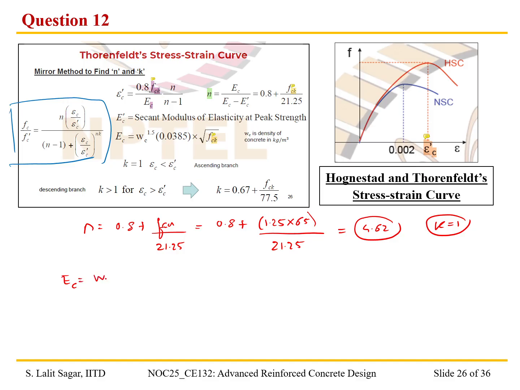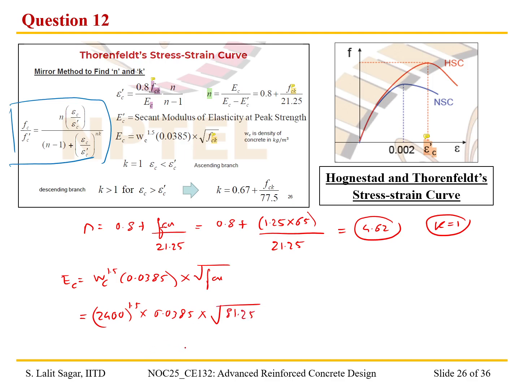Ec is wc power 1.5 into 0.0385 into square root of fcu. Again, please note that it is not fck, it is fcu. These corrections have been made in the weekly lectures also. wc is 2400 kg per meter cube, power 1.5 into 0.0385 into square root of, I think 65 into 1.25 is 81.25.